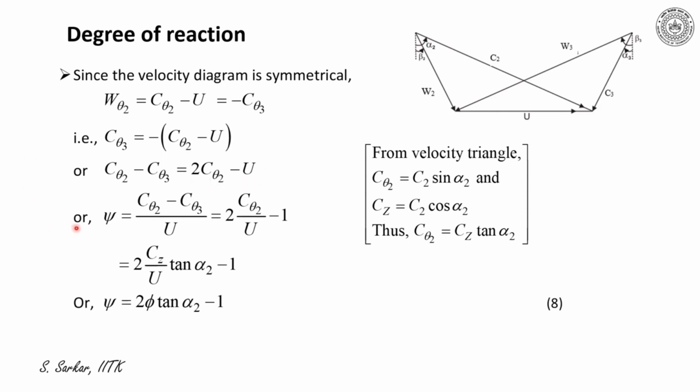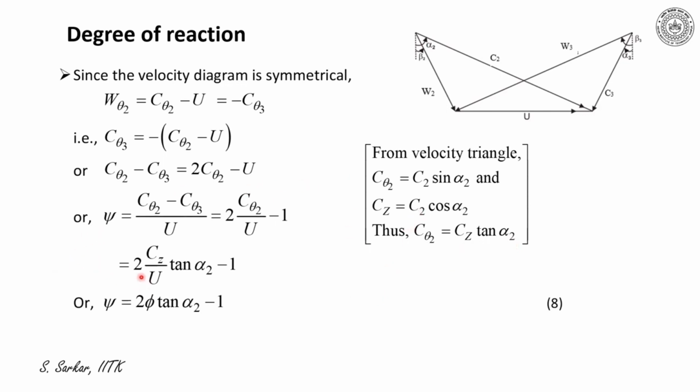Now, let me define Xi, which is the blade loading capacity, equal to (C theta 2 minus C theta 3) by U. Put the value of C theta 2 minus C theta 3. So Xi would be equal to twice (C theta 2 divided by U minus 1). Now from the velocity triangle I can easily show C theta 2 is equal to Cz into tan alpha 2. Thus, put the value of C theta 2 in this expression.